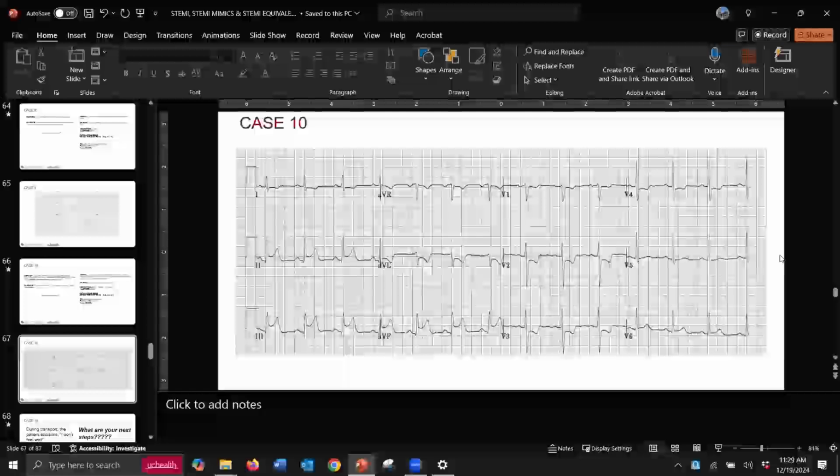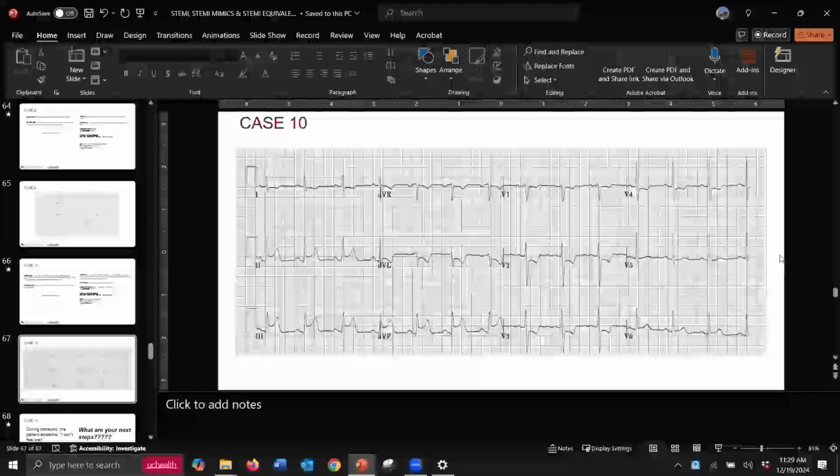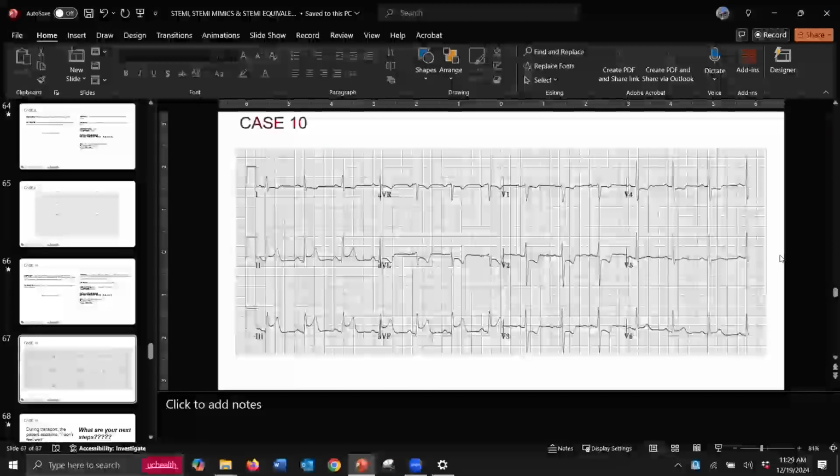So we have elevation in 2, 3, and aVF, being the inferior side. We have reciprocation in the high lateral leads, aVL and 1. And we've got that funky depression in the septal anterior leads.